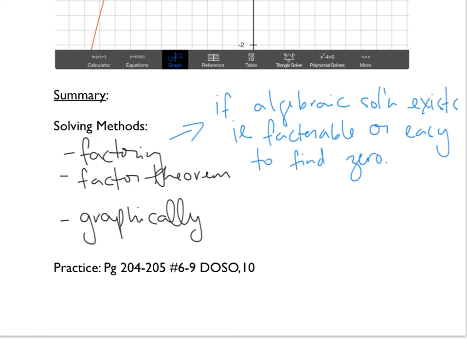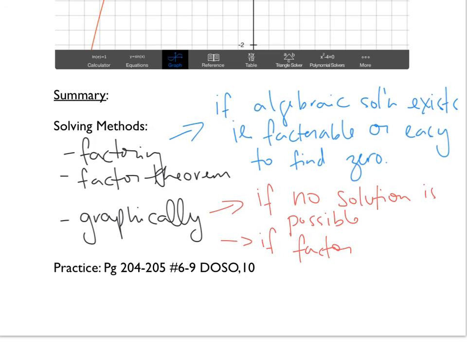And so if we can factor it, we would factor it. If there's no solution, we would solve it graphically. Or if a factor is not easy to find, such as if it's a decimal or a fraction. There you go.